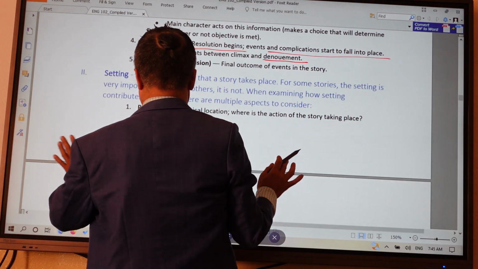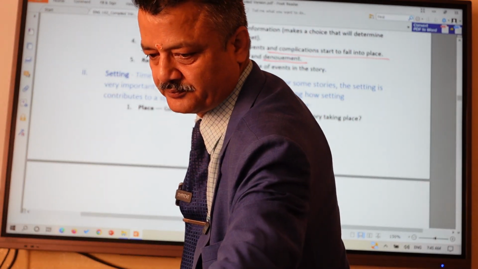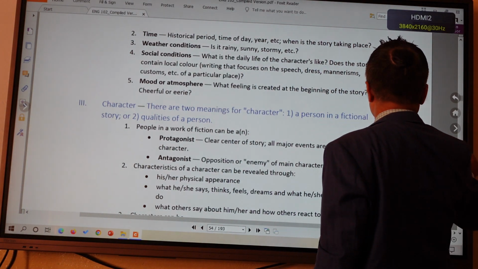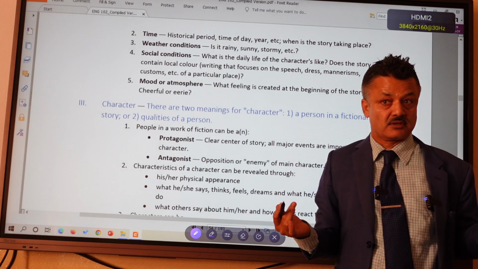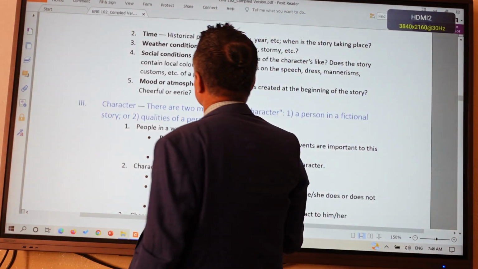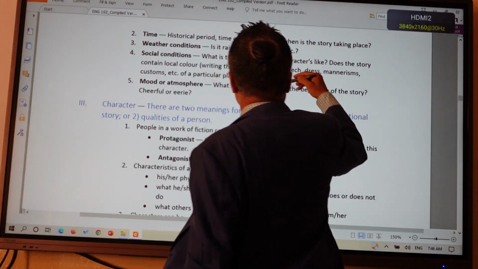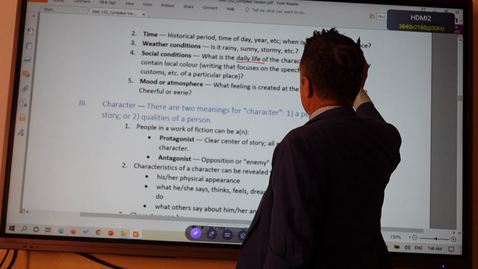Okay, setting, I won't talk, I've talked about it. Place, I've talked about it, right? Time, I've talked about it. Weather conditions, for example, it's early morning, calm, quiet, peaceful, cold. Social conditions, daily life, there is no one outside, it's peaceful, right? There is not much fighting also in the story.